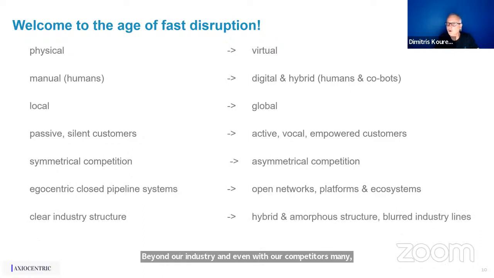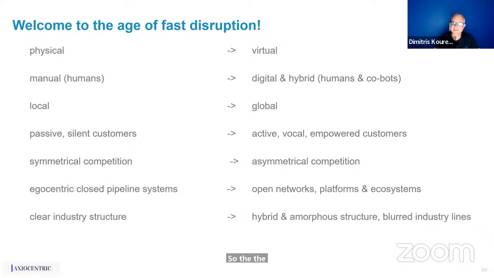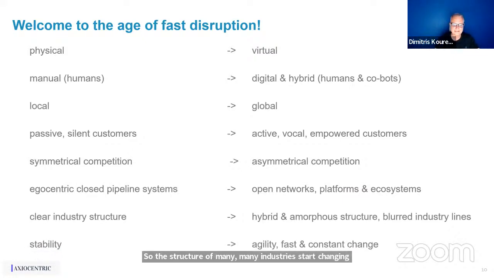So we talk about cooperation rather than competition many times. So the structure of many industries starts changing and will change, of course, by far more in the next 20 to 30 years. And instead of building companies for stability, we should try to build companies for agility, companies that can change faster.